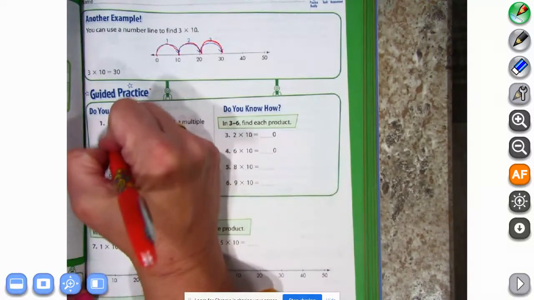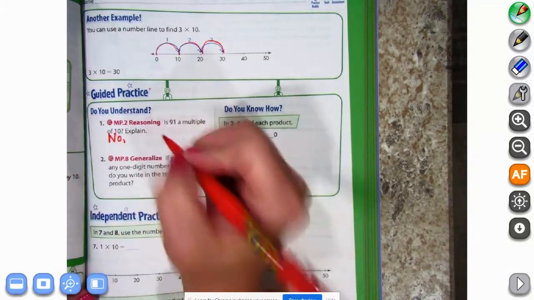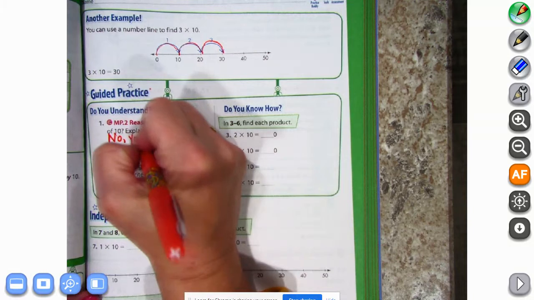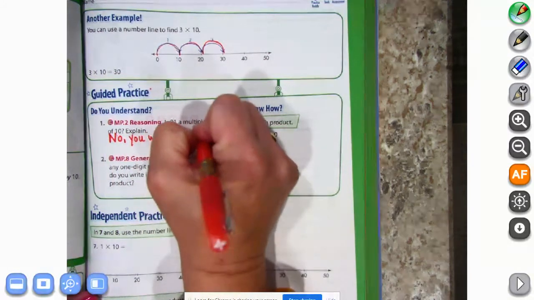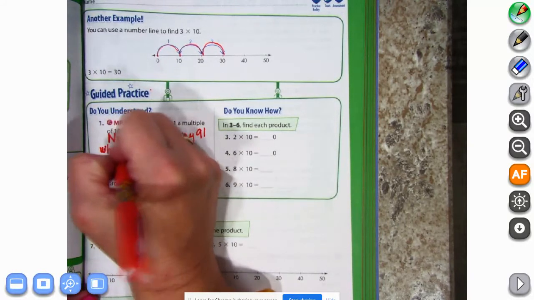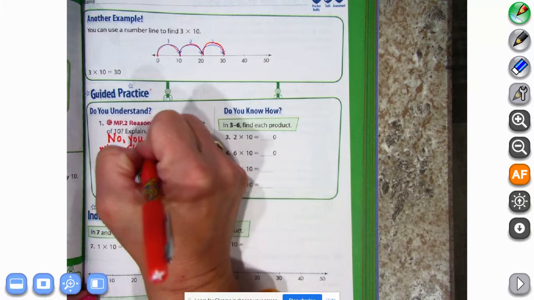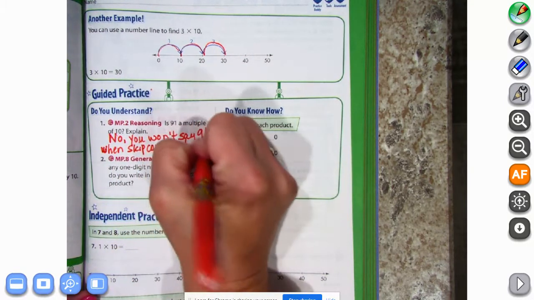No, we don't. So no. You won't say 91 when skip counting by tens.